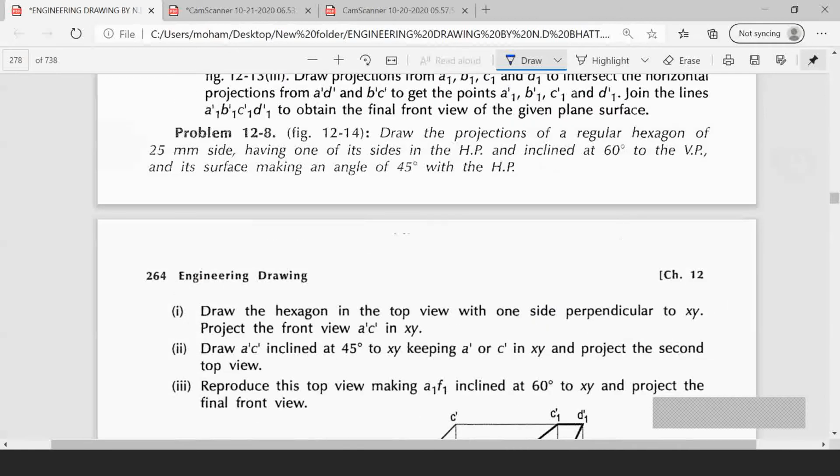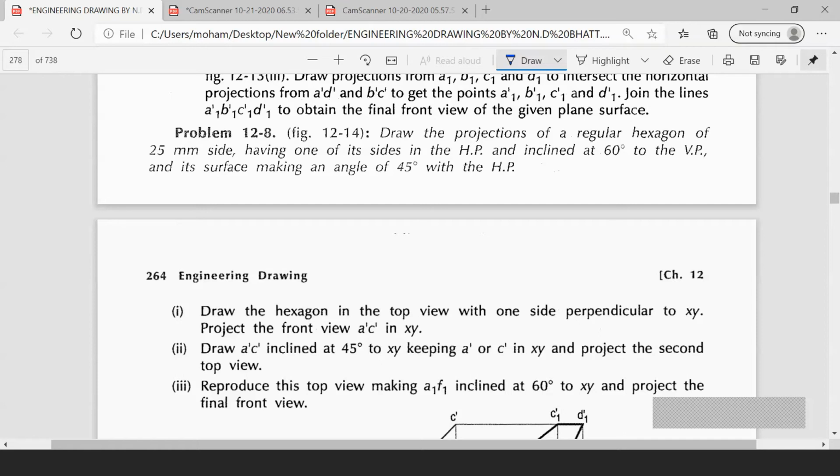Problem number 12.8, page number 263. Draw the projections of the regular hexagon of 25 mm side, having one of its sides in the HP.